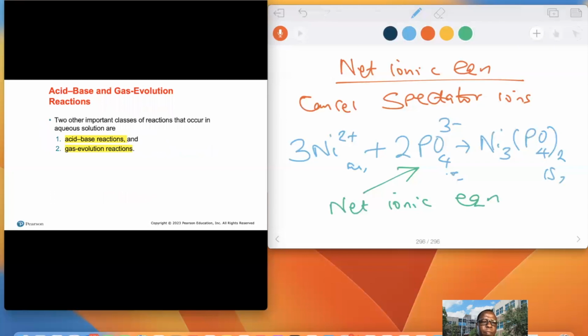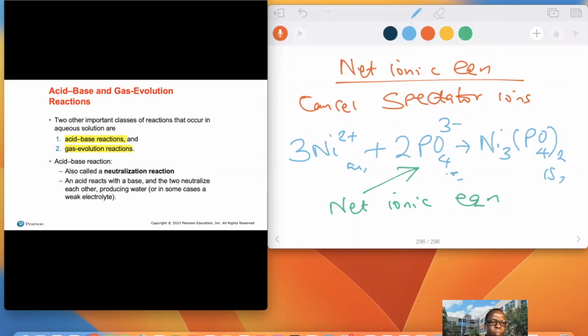Acid-base and gas evolution reactions. There are two other important classes of reaction that occur in aqueous solution. Those are acid-base reactions, where an acid reacts with a base to form a salt and liquid H2O. And then there is gas forming reaction.